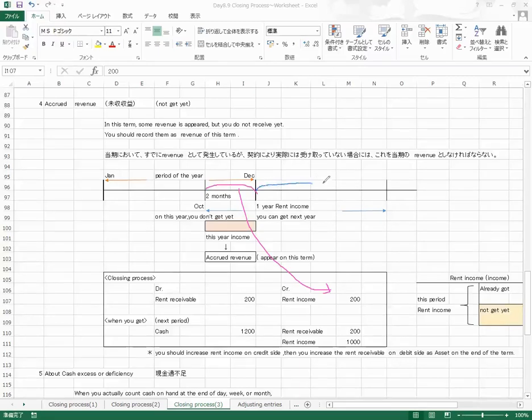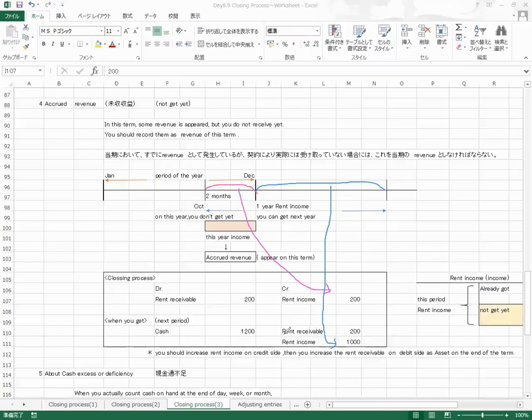Next period, 8 months. There is income. The next period, rent income 1,000, and then ここの 2 months income is rent receivable.